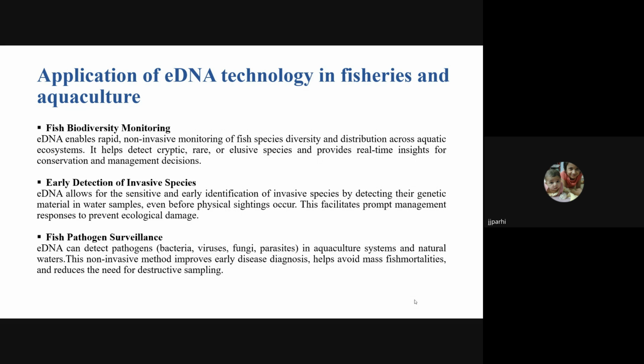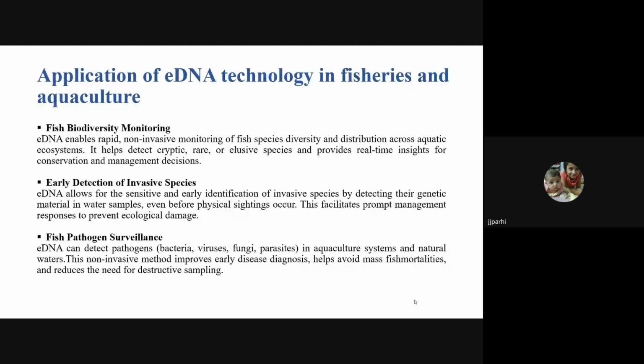Then early detection of invasive species. Invasive species are not wanted at all. So invasive species can be detected not in the later stage but in the early stage, so that we can take action. This allows sensitive and early identification of invasive species by detecting their genetic material in a water sample when they are low in number.